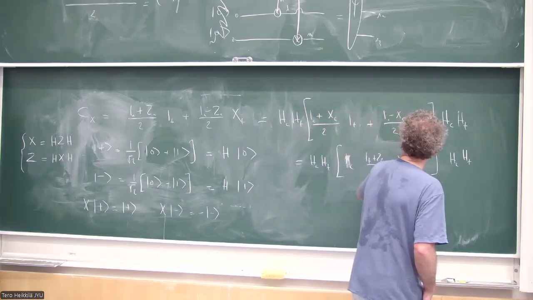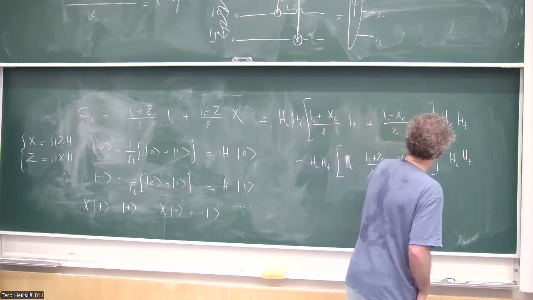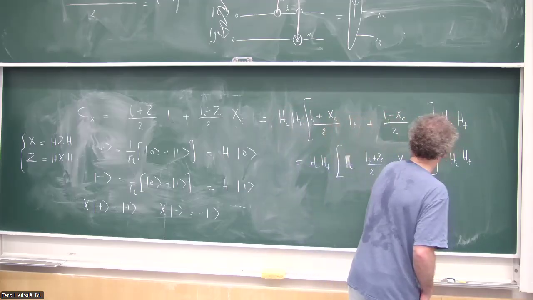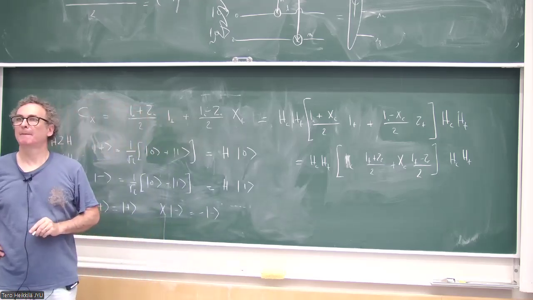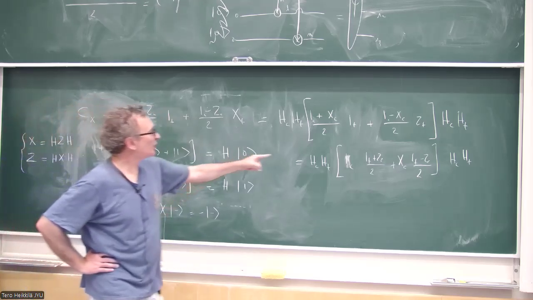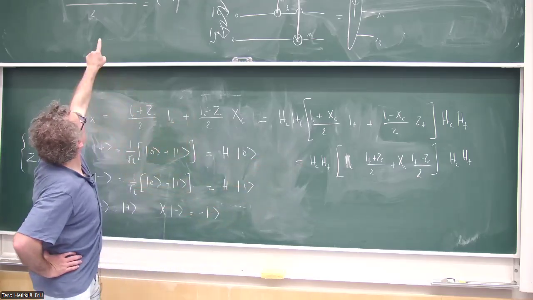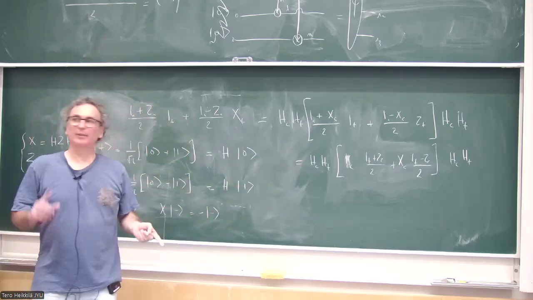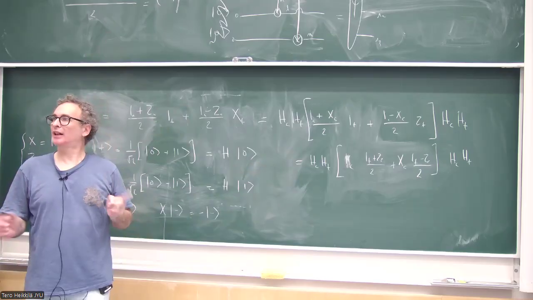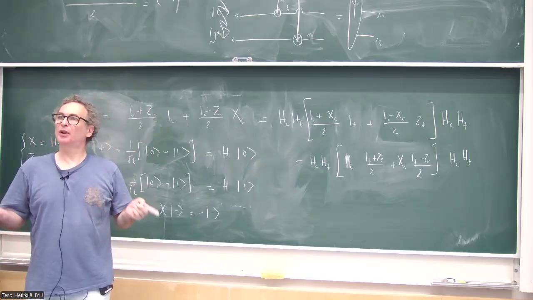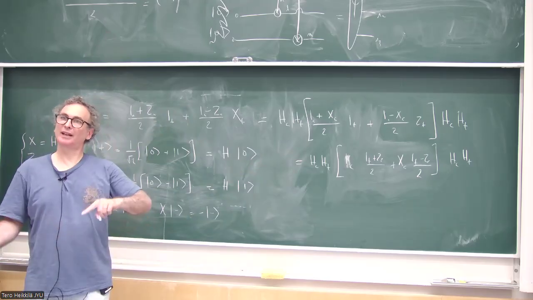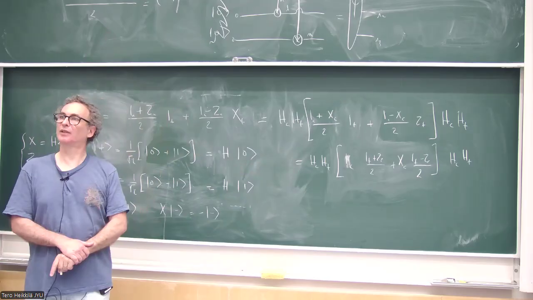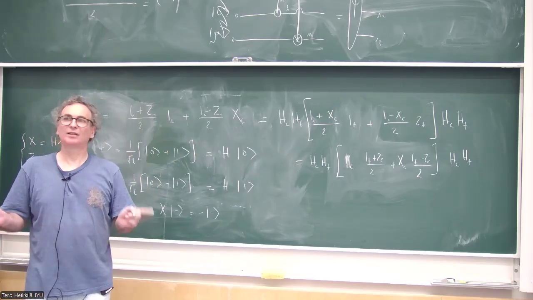On the X_C, I have 1_T minus Z_C over 2. I'm just grouping things slightly differently. And now you see it's exactly the same as the one I had above, except that I have exchanged control and target. So in the plus basis, the control and target are swapped relative to the 0,1 basis. So don't believe that it does nothing on the control. It's completely symmetric.